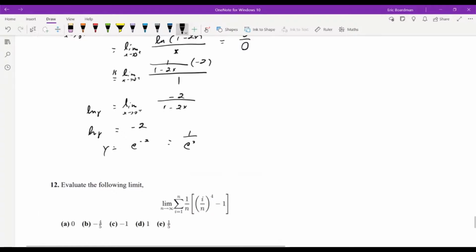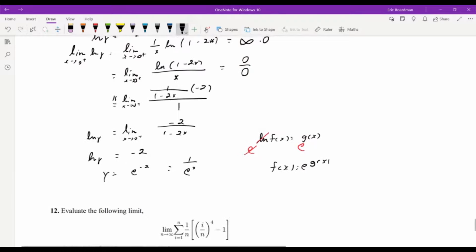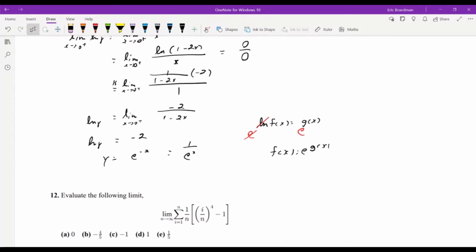If you have ln of f of x equals g of x, you can imagine this as doing e on both sides, and then the e and ln will cancel, and you get that f of x equals e to the g of x. So in this case, f of x is just y, and then g of x is -2. So yeah, no, the one before that.